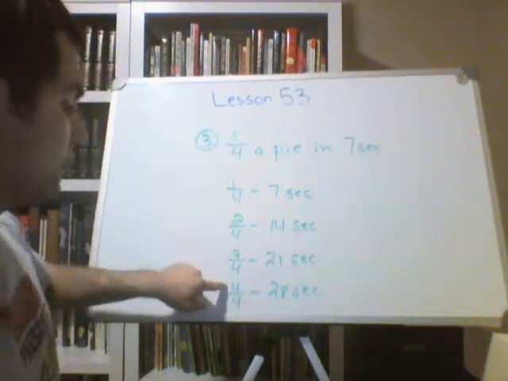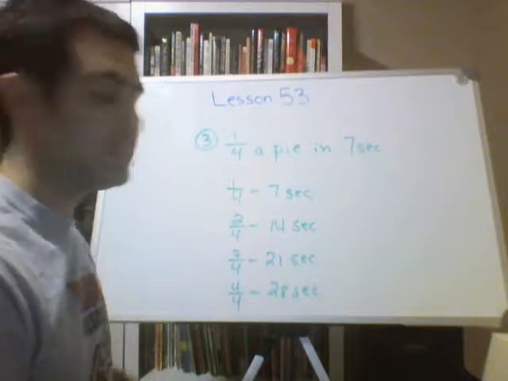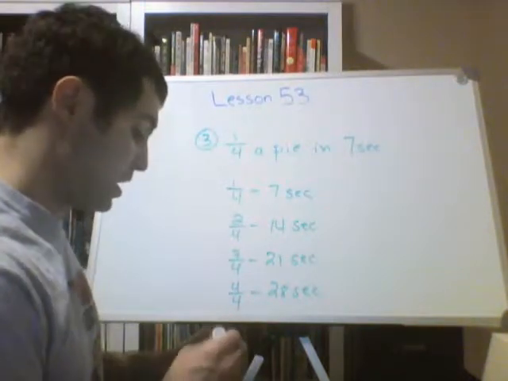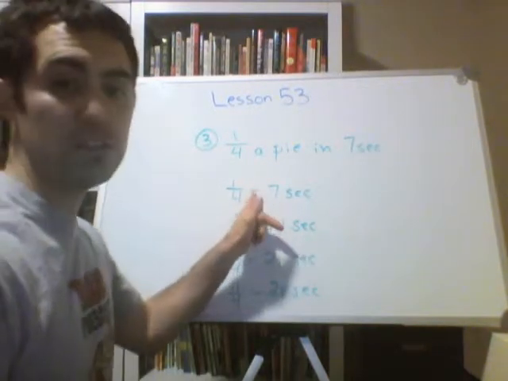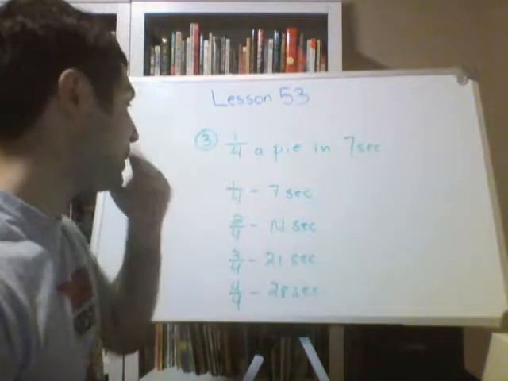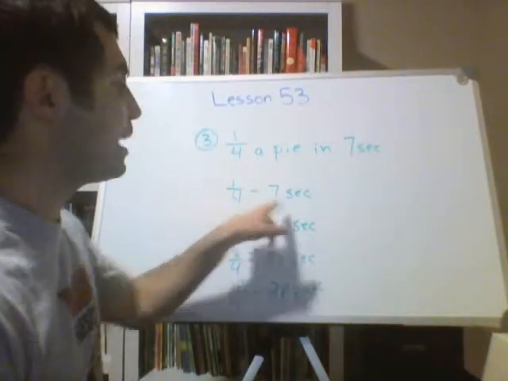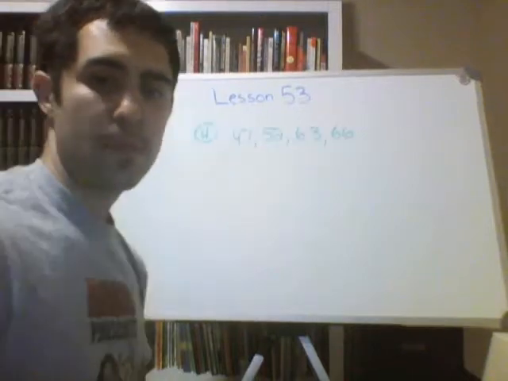So the whole pie, which is 4/4 of a pie, is going to take him 28 seconds to eat. That's if he continues at this same rate, where that's 1/4 of a pie for 7 seconds.